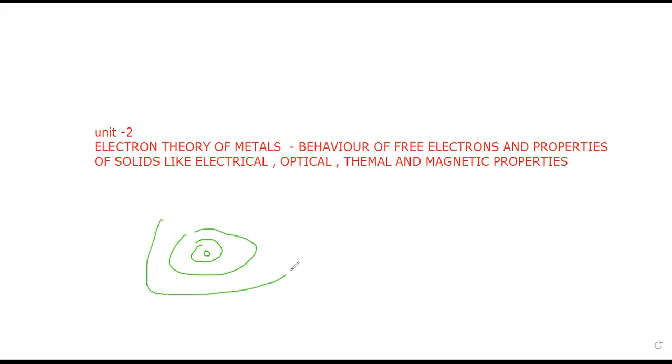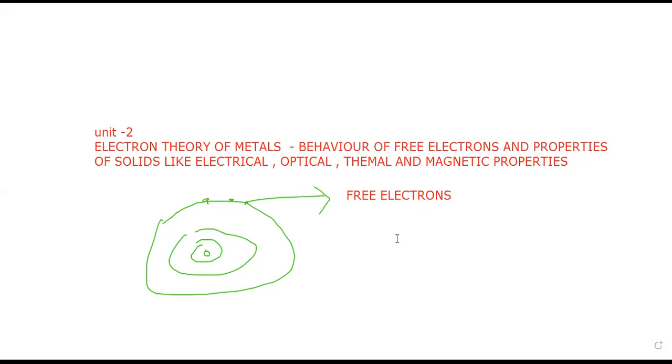The electrons present in the outermost orbit are known as free electrons. So a solid's behavior depends on the number of free electrons in the outermost orbit. Solid properties depend on the behavior of free electrons.